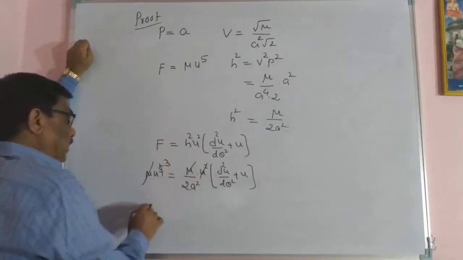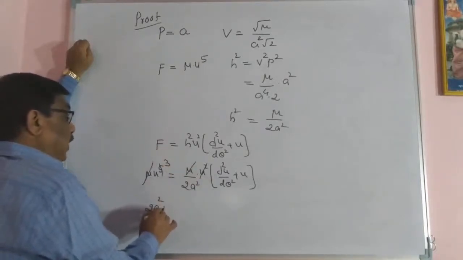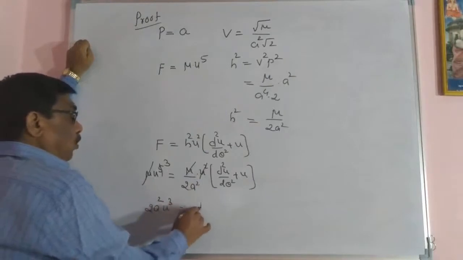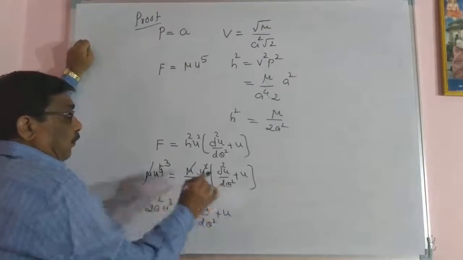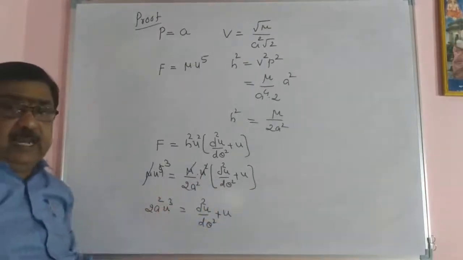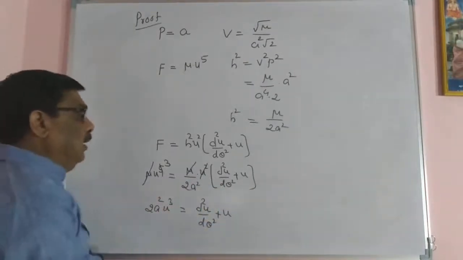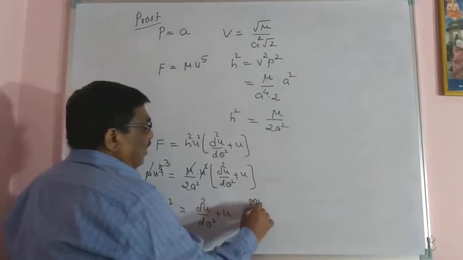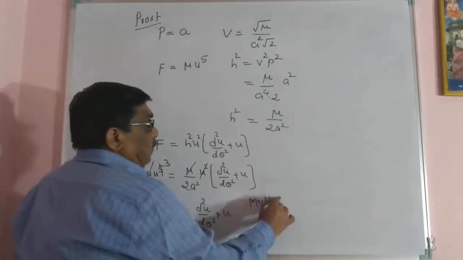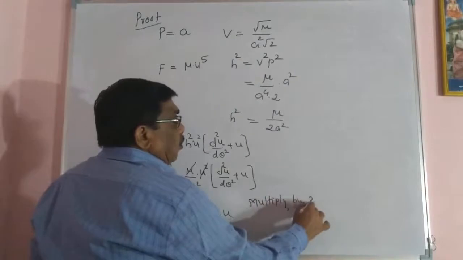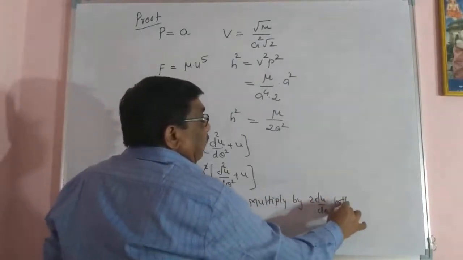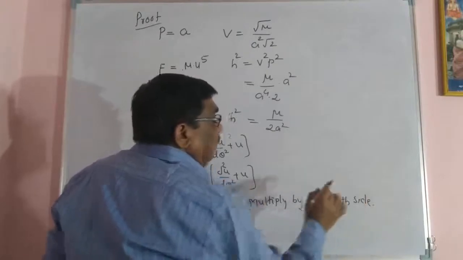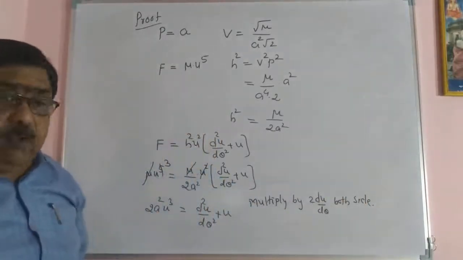Cross multiplication: 2a square u cube equal to d square u by d theta square plus u. Once you get this differential equation, one technique you have to remember: for all such examples, multiply both the sides by 2 du by d theta. Always you have to multiply both the sides by 2 du by d theta.